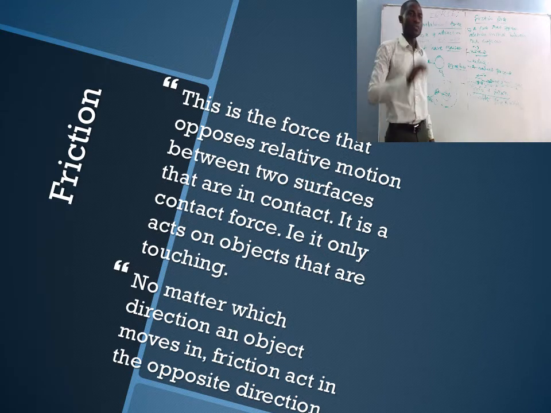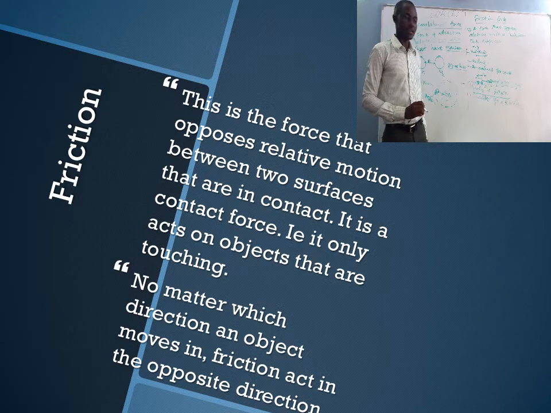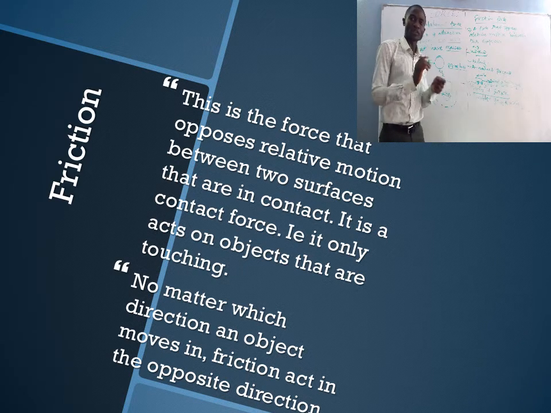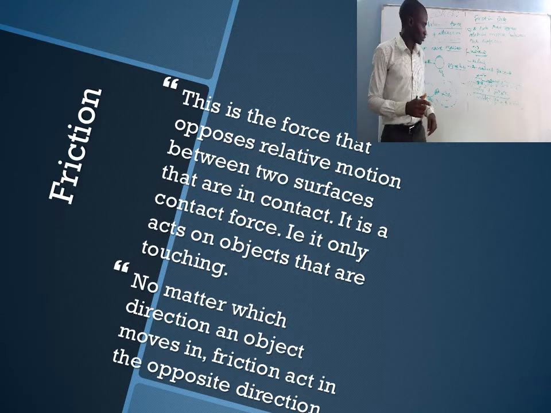Without friction, we will not be able to write using your pen. The surface on which you are writing and the tip of the pen, there must be a friction that occurs between those two surfaces. If there is none, then you will not be able to write.